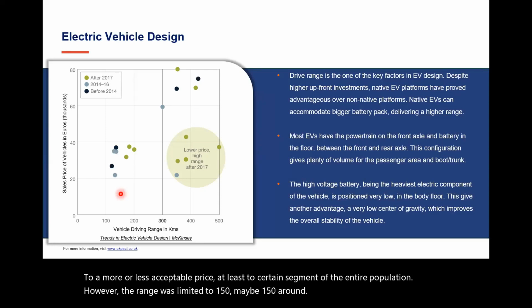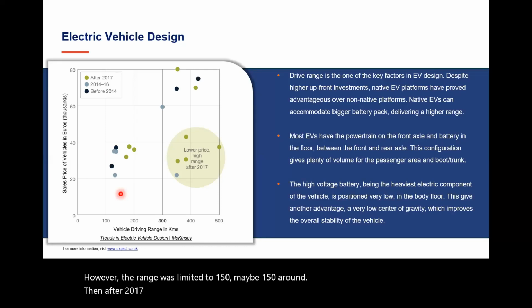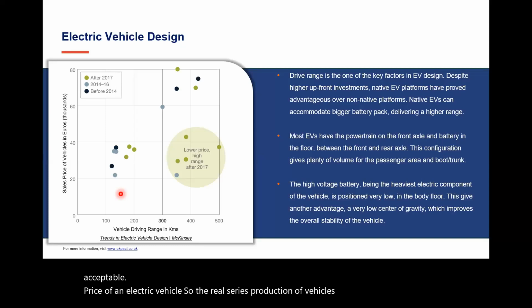Then after 2017, it was going ahead. It was a good combination of good range as well as widely acceptable price of an electric vehicle. So the real series production of electric vehicles started beyond 2017.